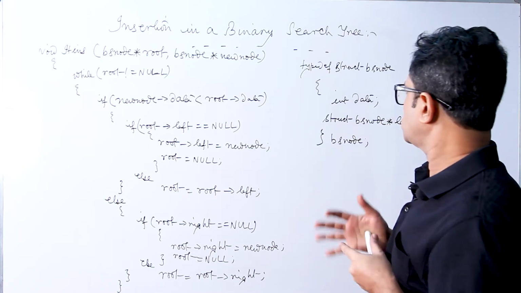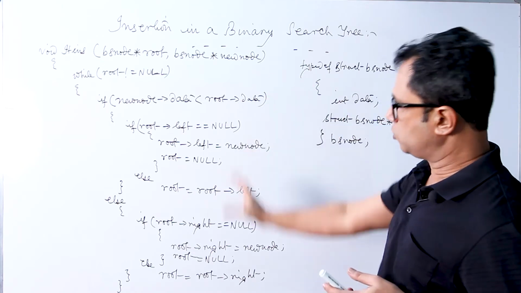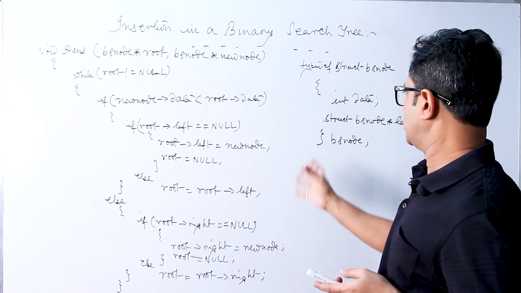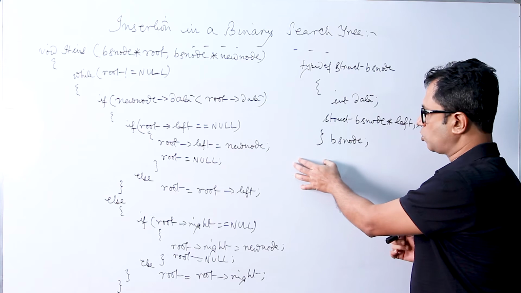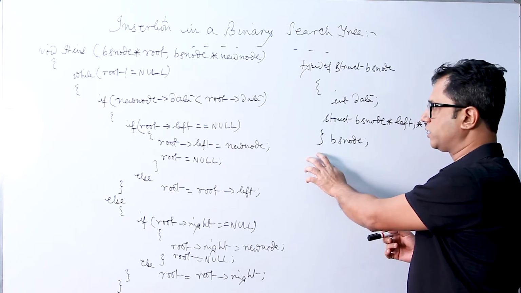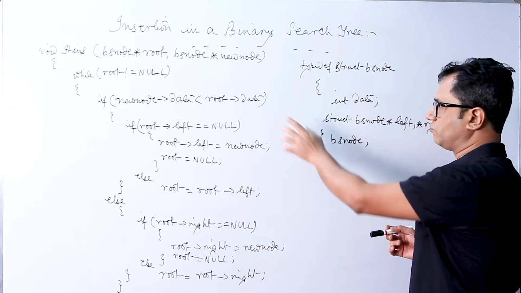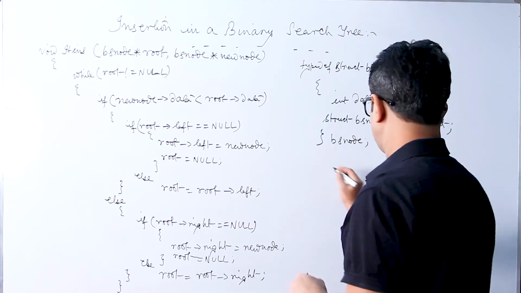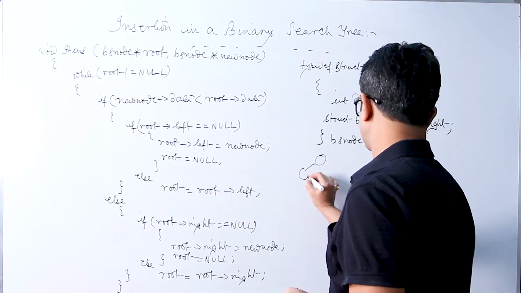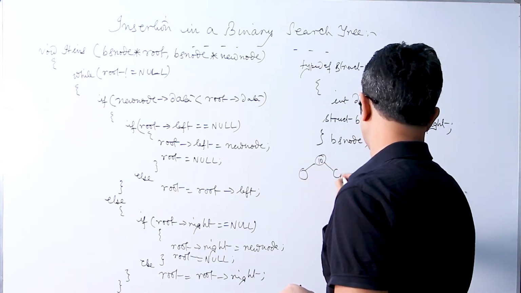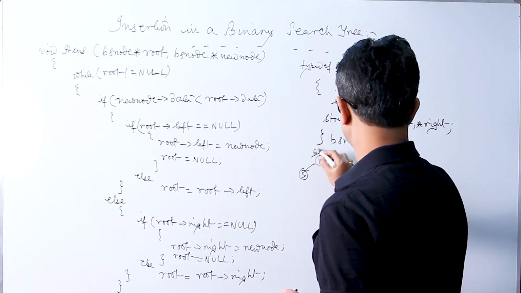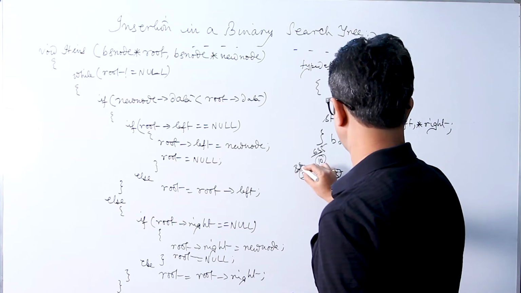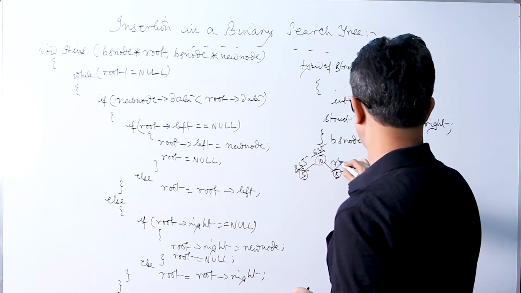Let me explain the code by comparing it with a sample binary search tree, a small binary search tree I will draw over here, so that you understand what I have done in this code. Suppose this is 10, this is 15 or something like that, this is 5, this is at memory location 655, this is 855, this is 755.